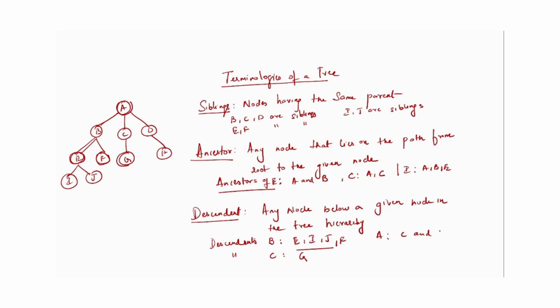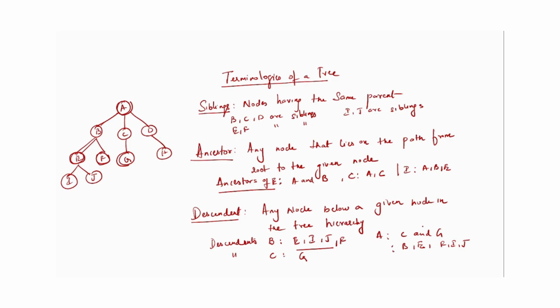C and G, right? The descendants of A are also C and G. They are, and descendants of A are also B, E, F, I, J. So descendants of A are actually all the nodes which come below A. Therefore, descendants of the root node are all the nodes in a tree except the root node, right?